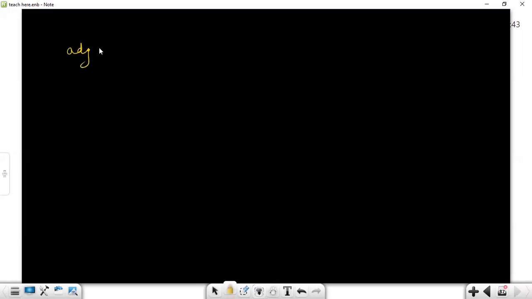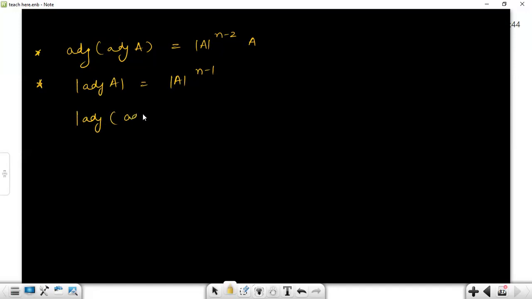So the determinant of adjoint A is modulus of A raised to power n minus 1, and modulus of adjoint of A is modulus of A raised to n minus 1 whole square. One property of adjoint of A is that it becomes modulus of A raised to power n minus 2 into A.